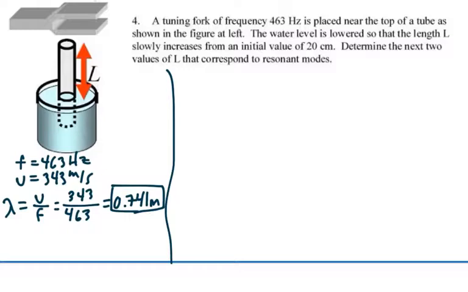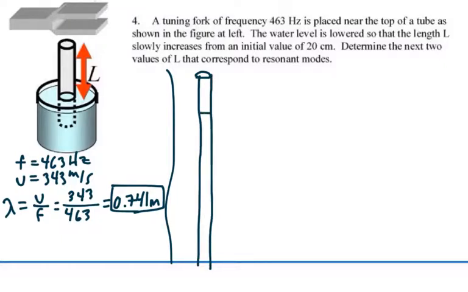Now, if we set up a standing wave with an open and closed end tube, the first point of resonance is going to occur when we have a node at the water level and an antinode at the open end, and that is going to be a quarter wavelength.